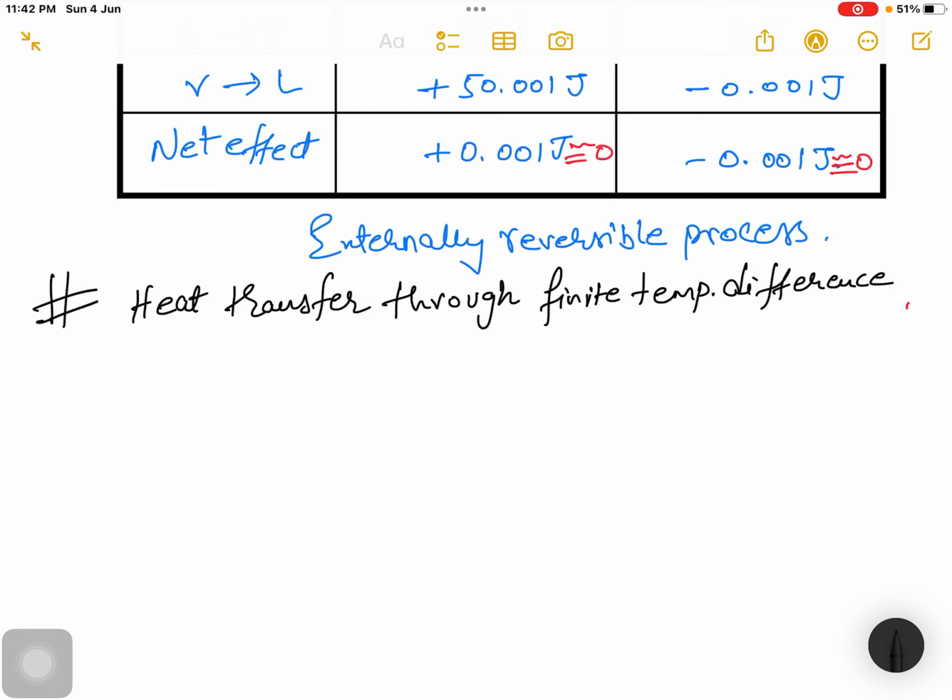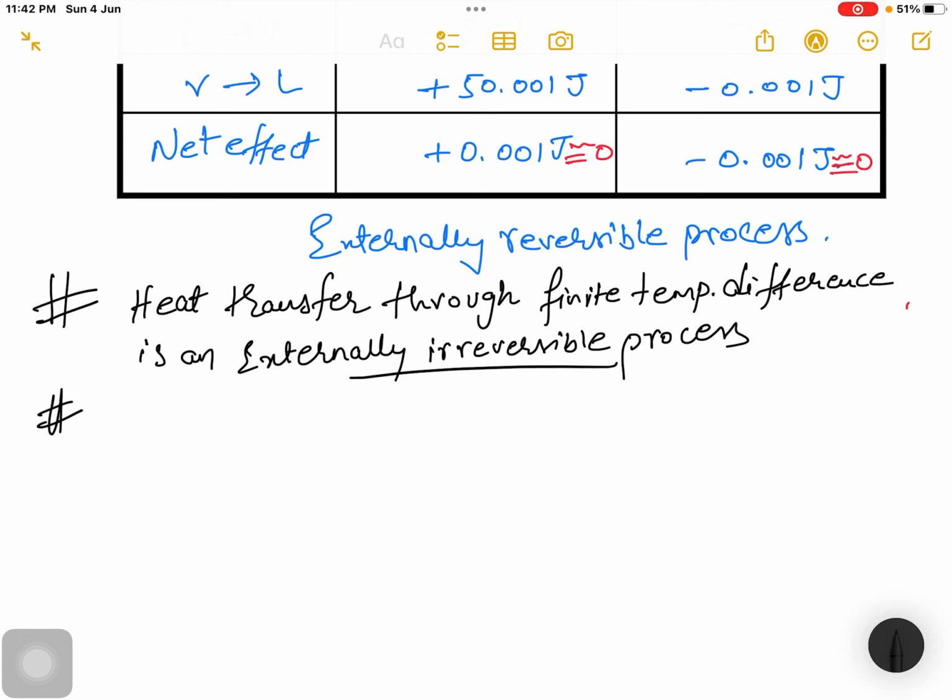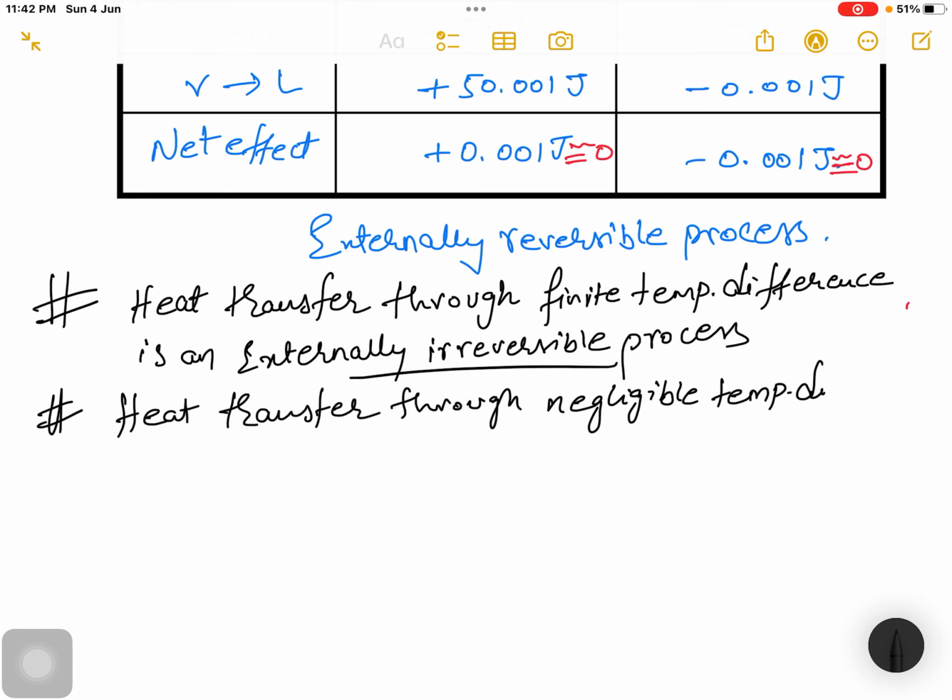And finally, a process is said to be externally reversible process if there is no irreversibility outside the boundary of the system.